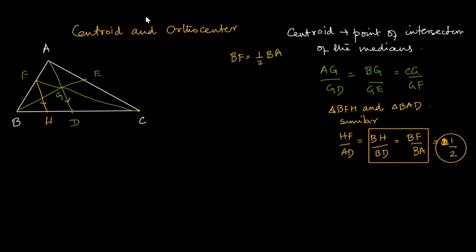Correct? So therefore, BH is equal to half of BD, correct? And what is BD? BD is half of BC. So therefore, BH is 1/4 of BC.